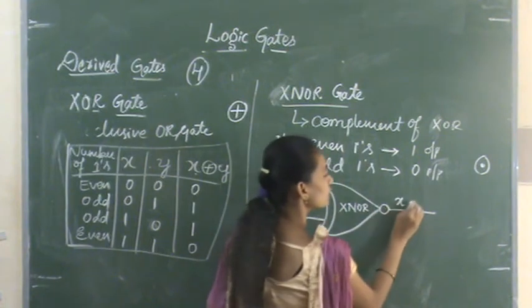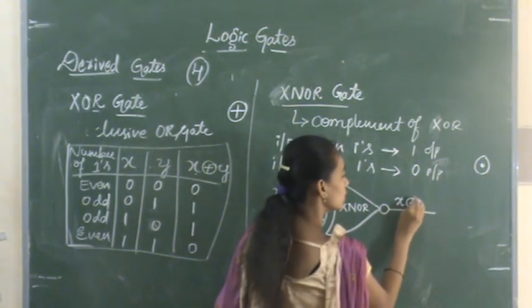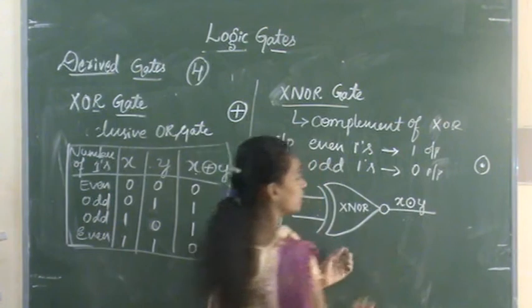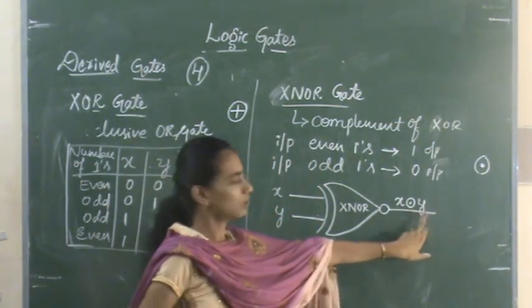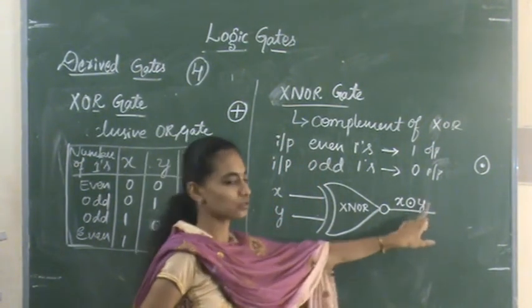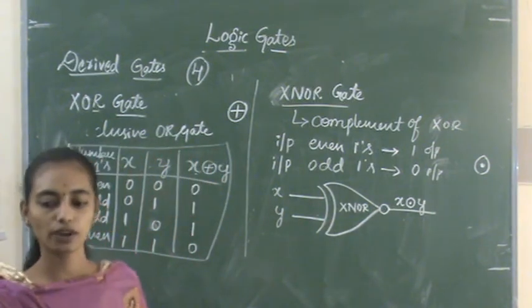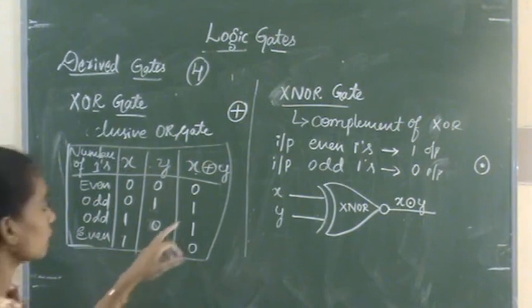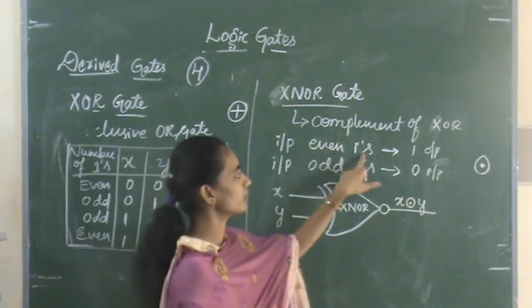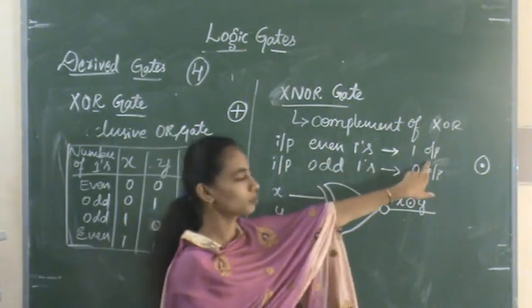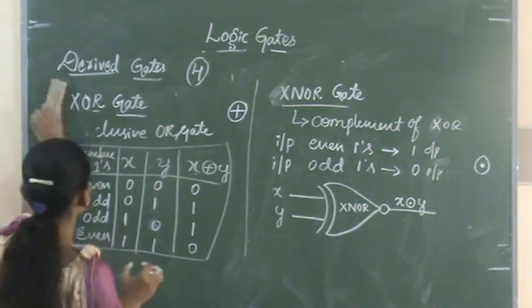So how to represent X XNOR Y? How to write a truth table for this? We know that if we have an even number of ones, the output will be 1, right?